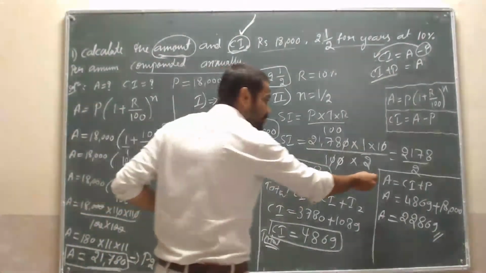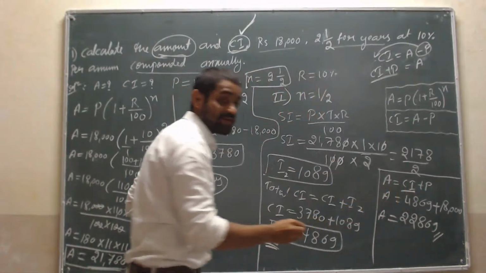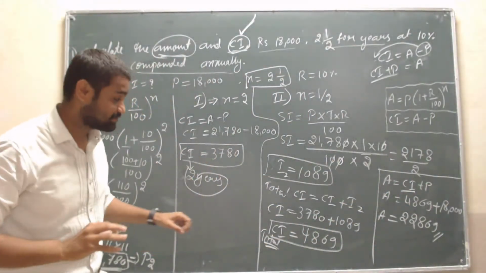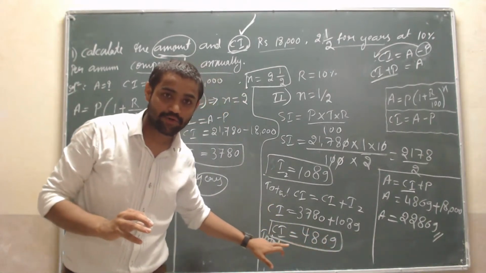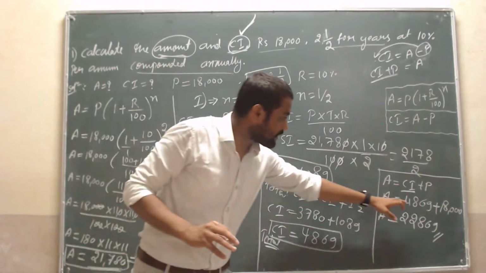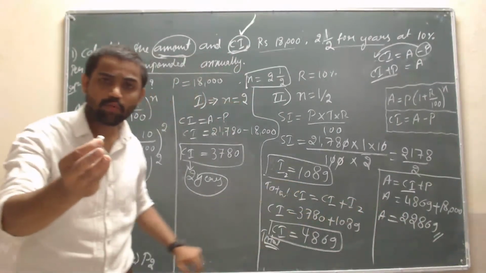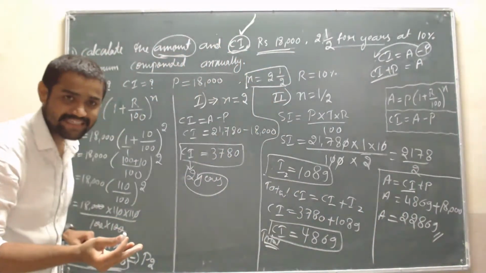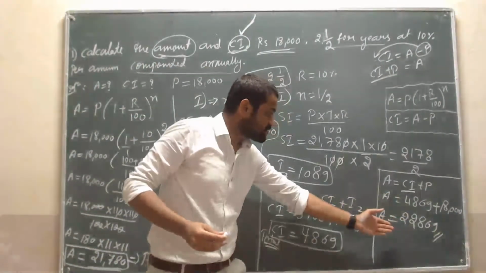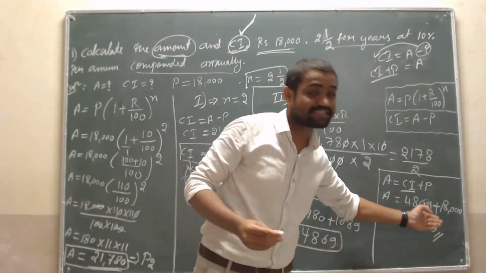Substitute. Amount is equal to CI, which is nothing but the total for 2.5 years, that is 4869, and the principal amount, whatever he has given in the question, write the same. Isn't it children? Then it becomes 22,869 rupees.